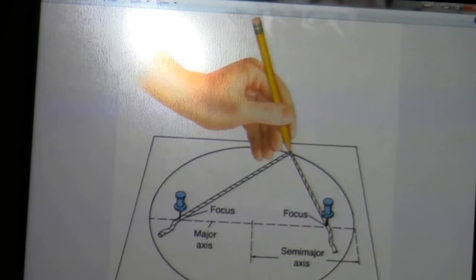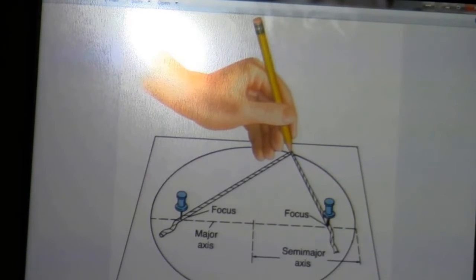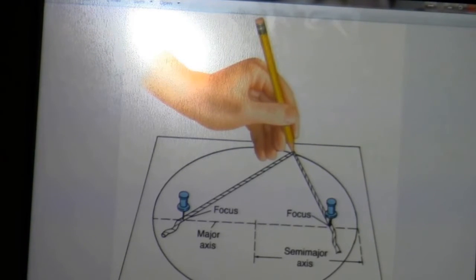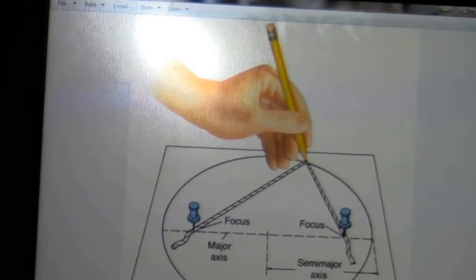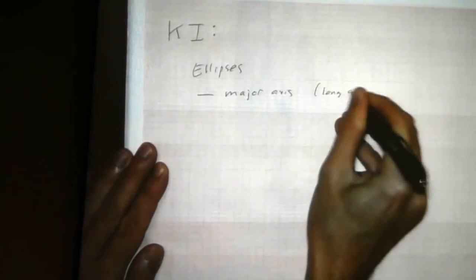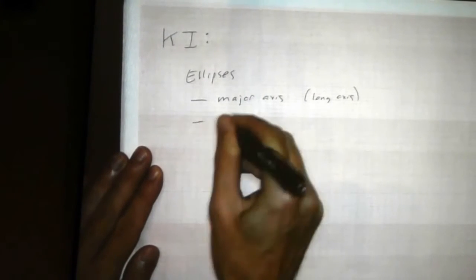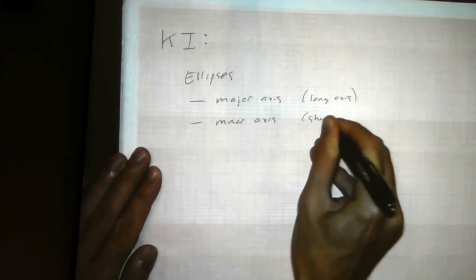That gives you an ellipse. So they're easy to make, and there's certain terminology associated with them. You have two axes. You have a long axis we call the major axis. It's the long axis. And you have the minor axis, which is the short axis. And we can define half of the major axis, half of the minor axis.